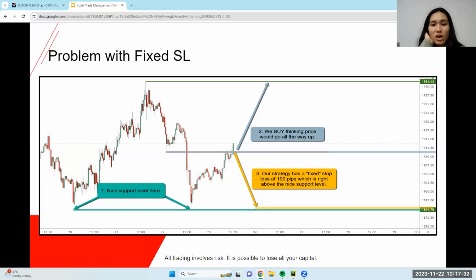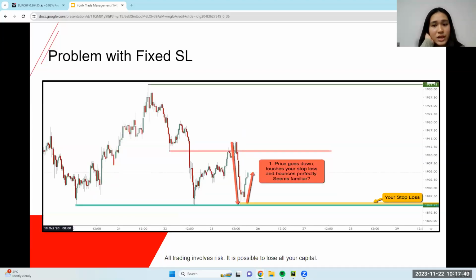Our stop loss of 100 pips is fixed at the 1894.75 level at the support level over here, this yellow highlighted area. Price goes down instead, touches the stop loss and perfectly bounces off from the support.